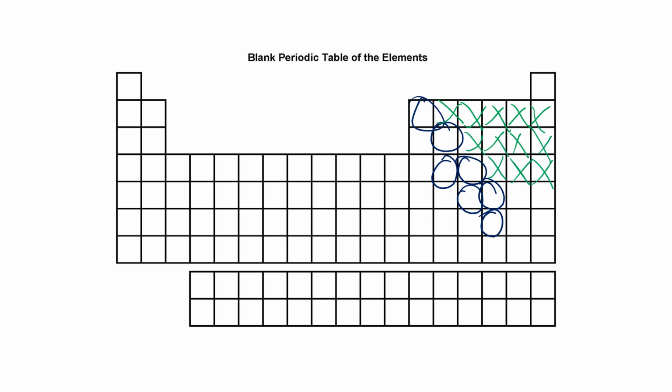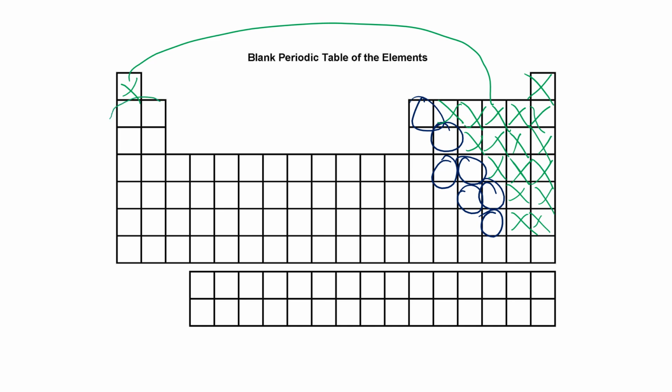So we got 5, 4, 3, 2, and then 1, and then I guess that's going to be a non-metal as well, and then helium as well, and then hydrogen as well. So these are the non-metals, to the right of the semi-metals.